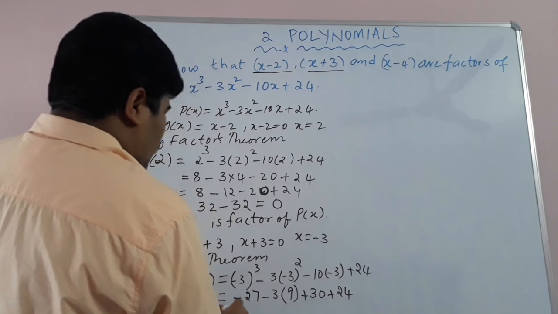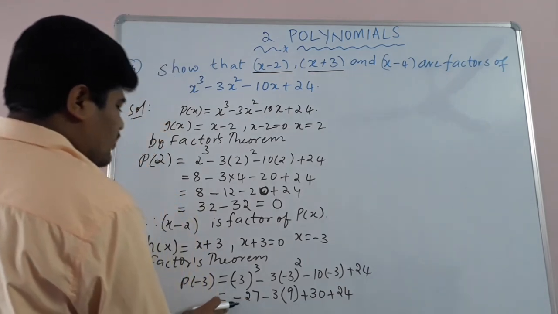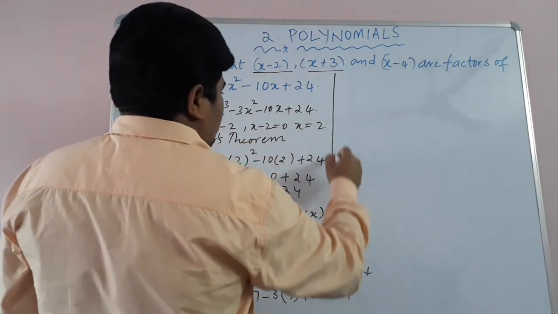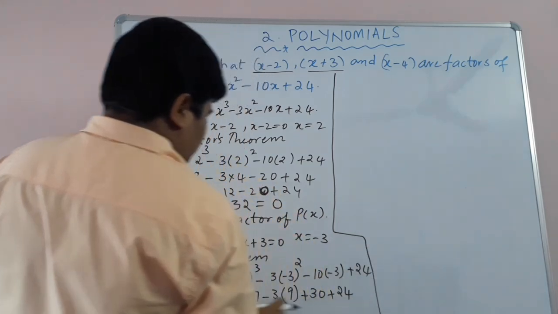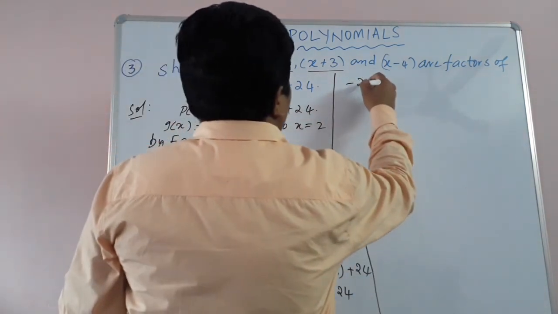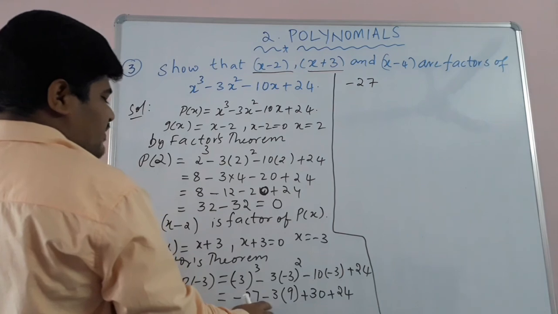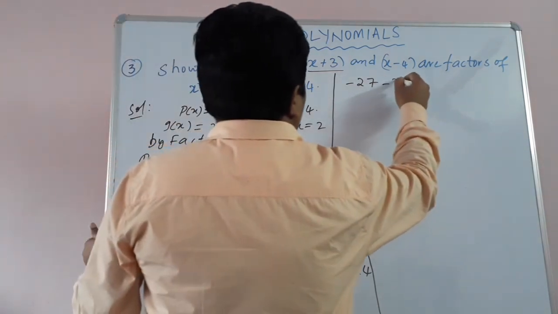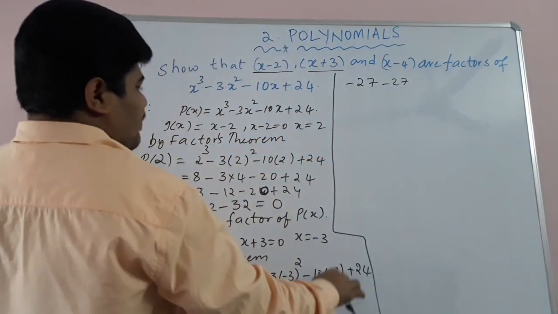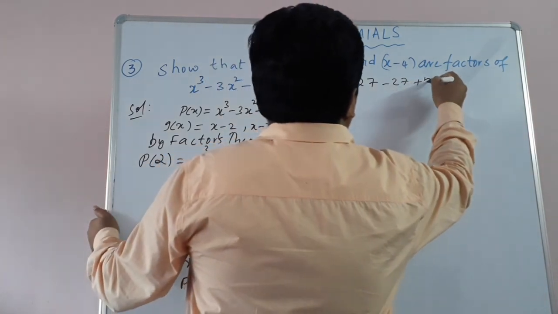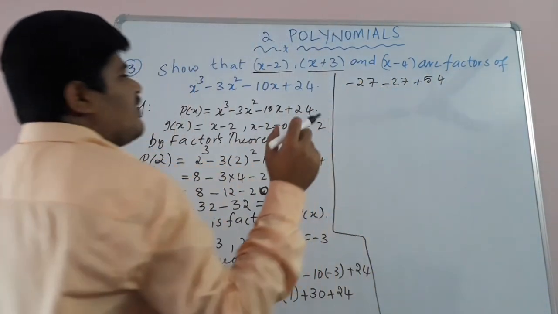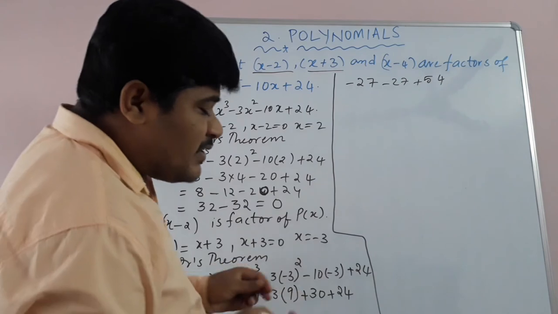Okay, now minus 27. So children, negative 27 plus minus 3 into plus 9 is minus 27, plus 30 plus 24 is plus 54, children. Okay, now negative 27 and negative 27, two negative numbers are there.